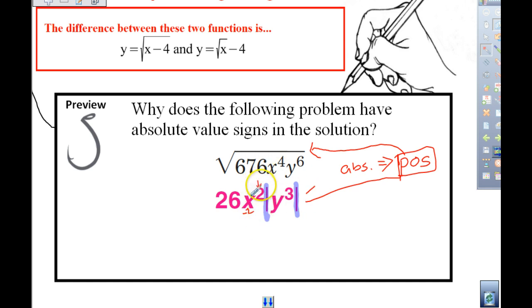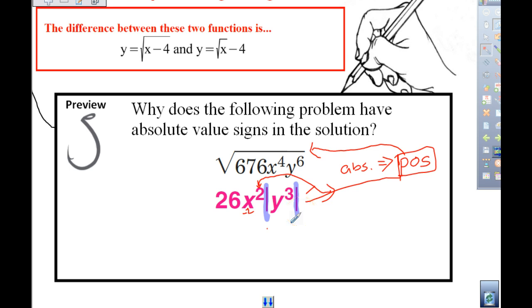So for the same reason, I'm just trying to ensure that we have a positive, right? Here, an even exponent, it's going to be positive. Here, odd exponent, not for sure. So that's why we put it only on the odd exponents. So as you finish all these problems, you're going to need to make sure on all the odd, only the odds, you put absolute value.